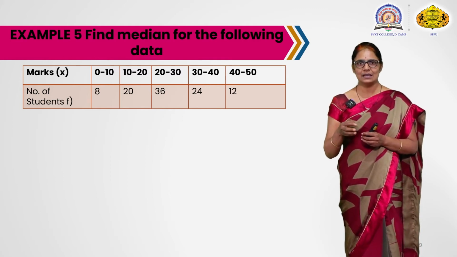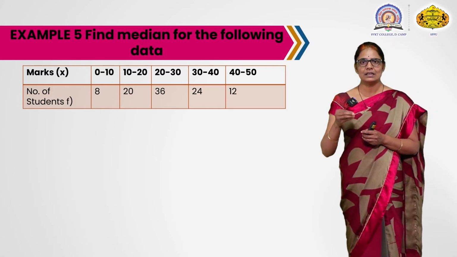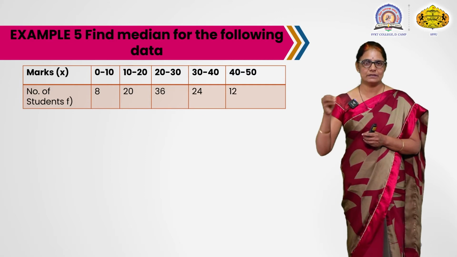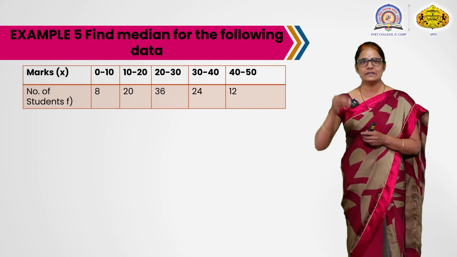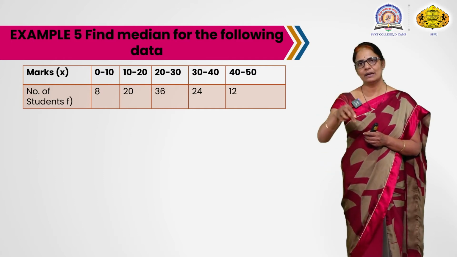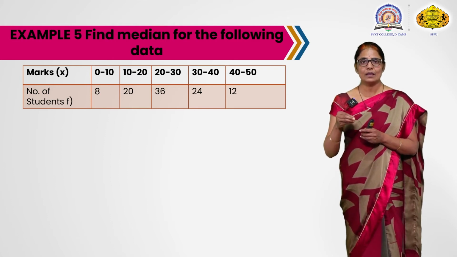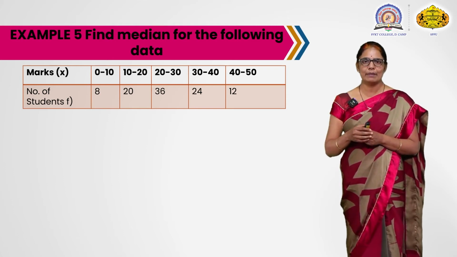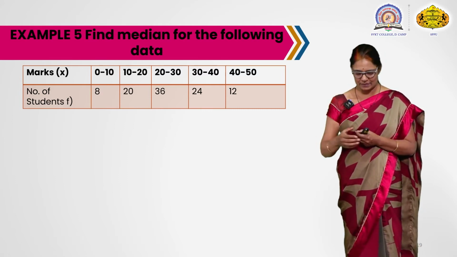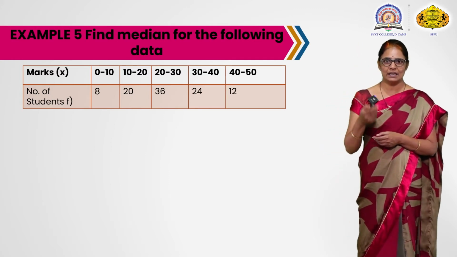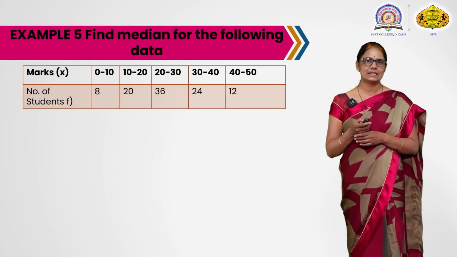N is the total frequency, and the median class is the class where the median, or the N by 2th observation, falls. We first find N, then find N by 2, and the class where the N by 2th observation falls is called the median class. It is the class where the cumulative frequency is equal to or just exceeds N by 2 for the first time. Let us see how to locate the median class and how to find all the variables in the formula. For that we consider one example.